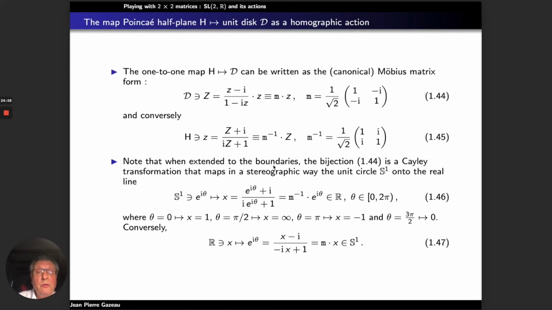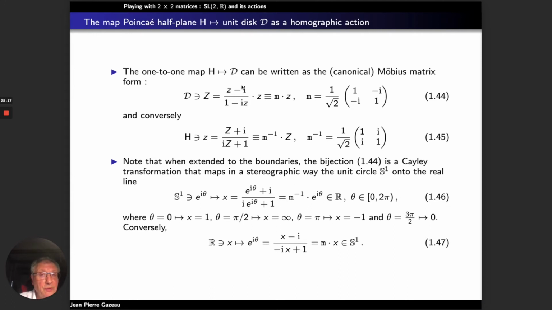When extended to the boundaries, the bijection 1.44, this one, is called Cayley transformation that maps in a stereographic way the unit circle S1 onto the real line as well.